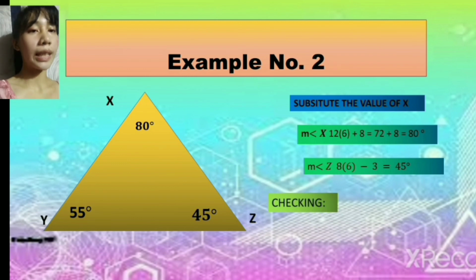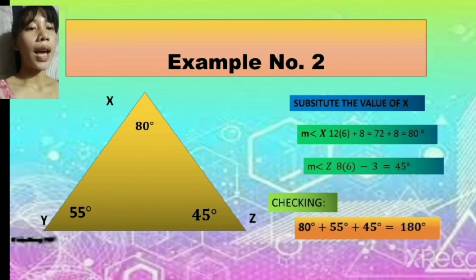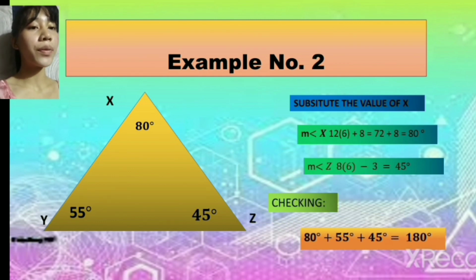In order to check if it is correct, if this triangle is equal to 180 degrees, then 80 degrees plus 55 degrees plus 45 degrees is equals to 180 degrees. Alright, so it is correct that the angles of this triangle sum to 180 degrees.